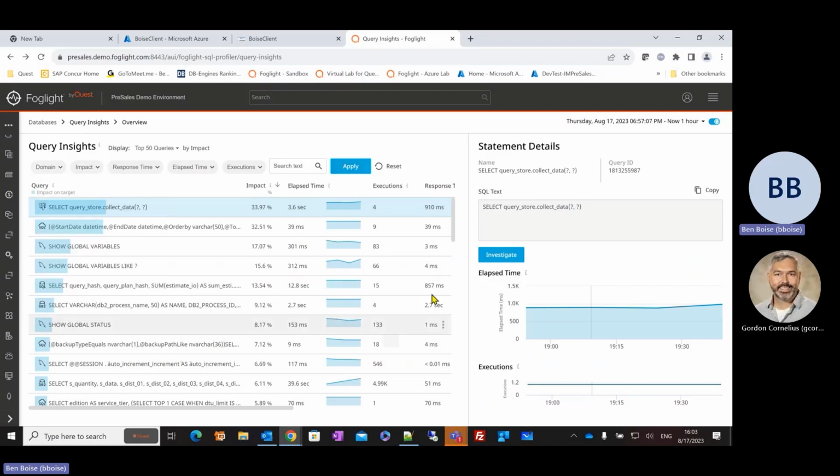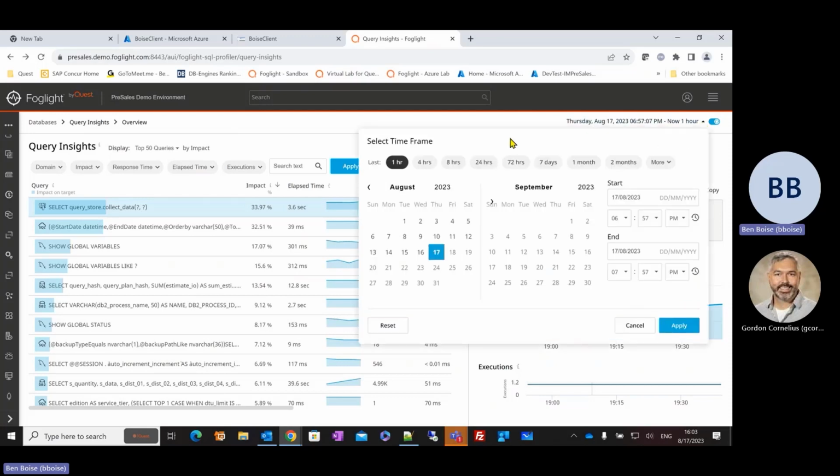When we start to look at these types of investigations, Foglight is a time-sensitive solution, so we always need to be mindful of when we're looking for performance problems. Foglight's really great about providing some predefined measures of time, maybe the last 1 hour or 4 hours. Or maybe it's a time frame that I wish to enter, with starting and ending points.